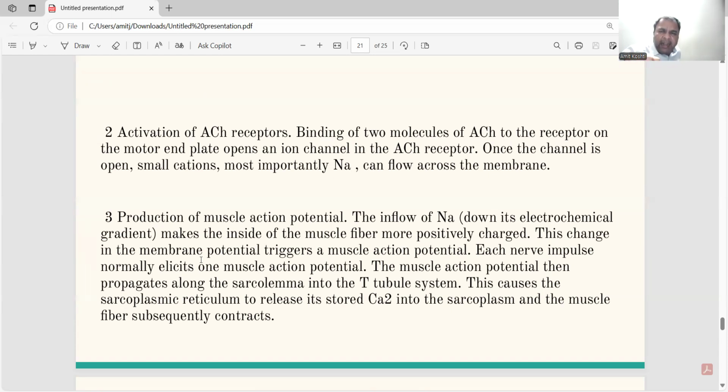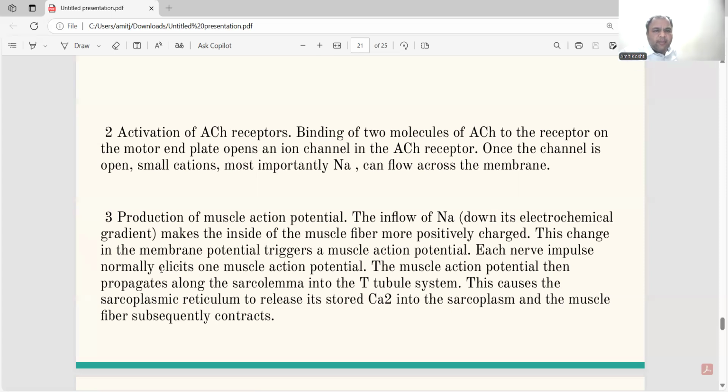But for the sliding filament theory to take place, the prerequisite is that sodium entry depolarizes the muscle, and that message is passed to the muscle at the level of the T-tubule, and the T-tubule gives the message to the sarcoplasmic reticulum. The sarcoplasmic reticulum releases the calcium ion, and then the mechanism of muscle contraction takes place.